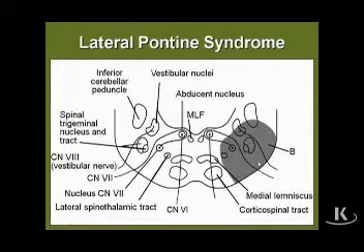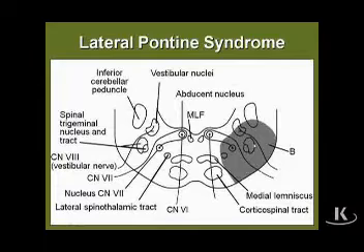The patient is also likely to have an ipsilateral central Horner syndrome because those descending hypothalamic axons are in the same position. In addition, the patient is likely to have an ipsilateral loss of just pain and temperature from the face because, as you can see in the picture, the spinal nucleus and tract of 5 are also involved.